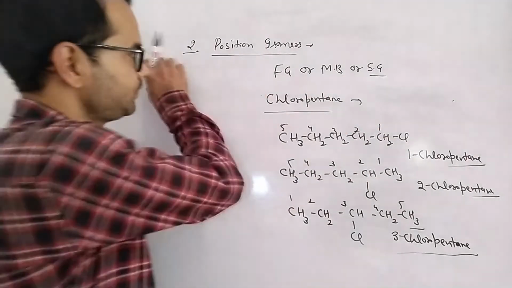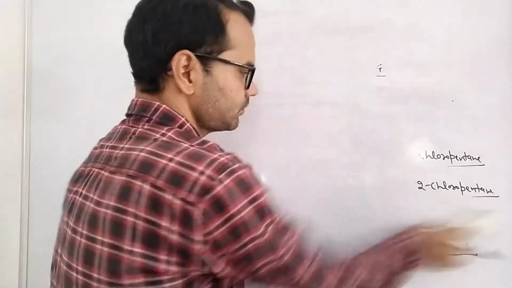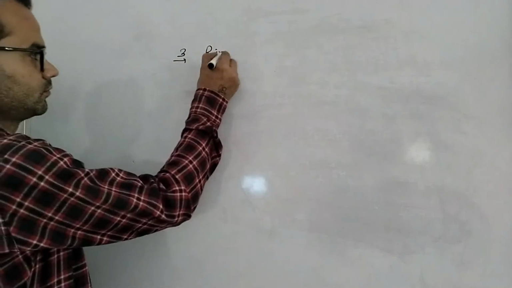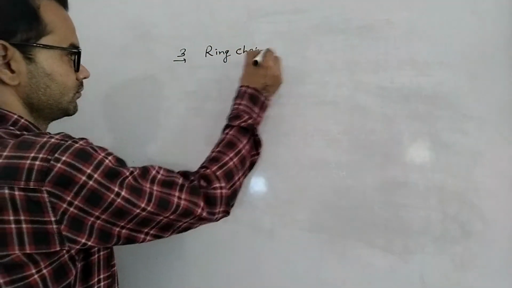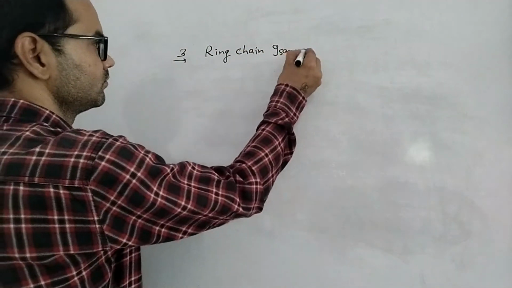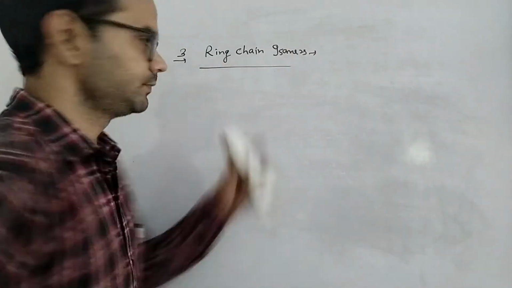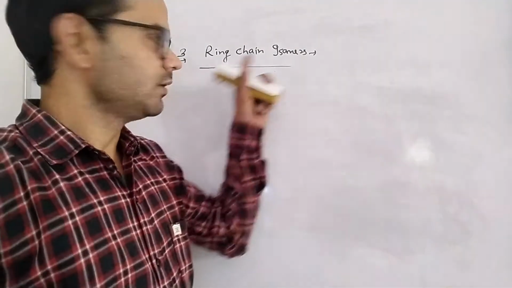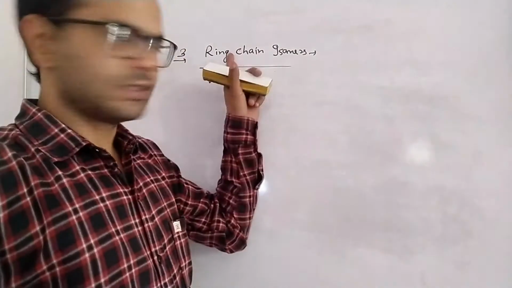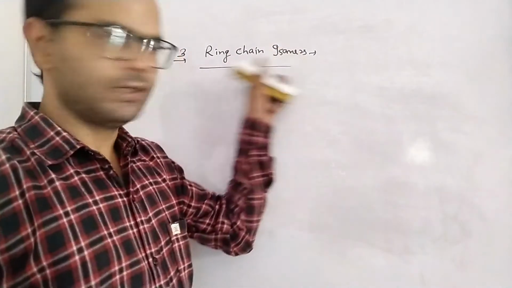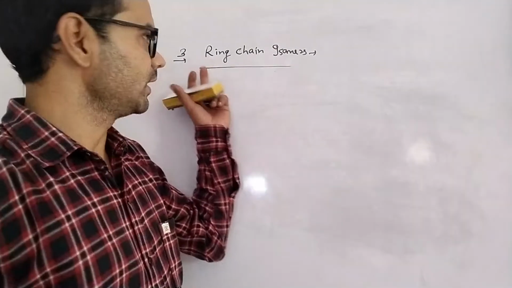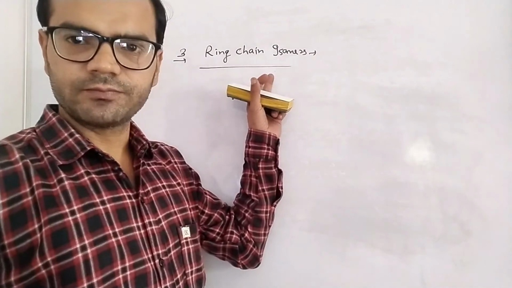Next is ring chain isomers. As the name indicates, one isomer will have a straight chain and one isomer will have a closed chain or cyclic structure. A cyclic structure is called a ring, a non-cyclic structure is called a chain.